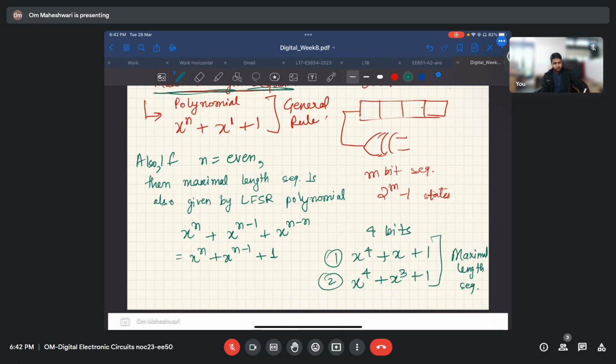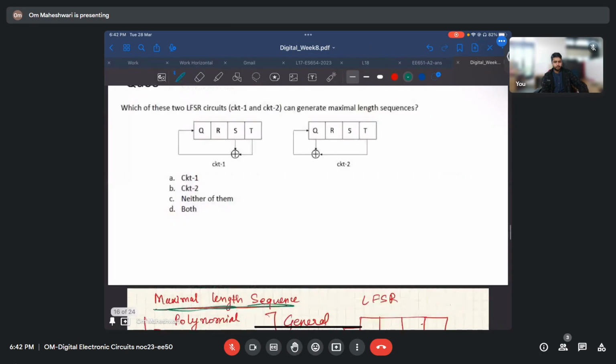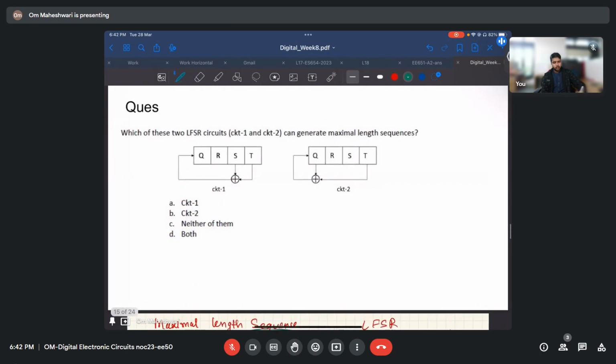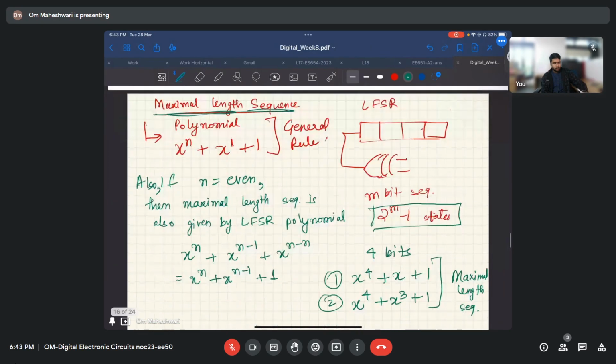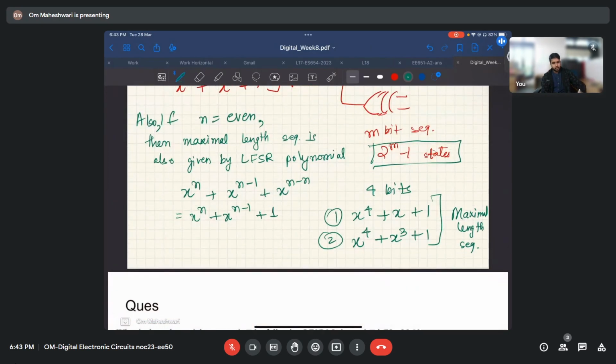Maximal length means all 2 to the power M minus 1 states are covered in the sequence. So here we have x1, x2, x3, x4. Here we have x4 plus x plus 1. Here we have x4 plus x cube plus 1. Right? And these both are maximal length sequences.